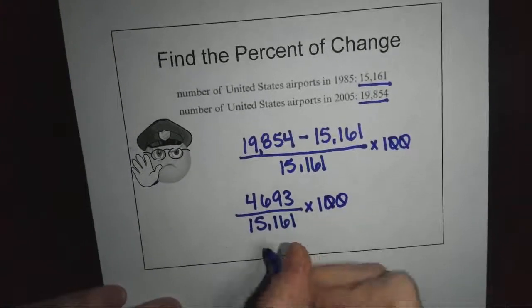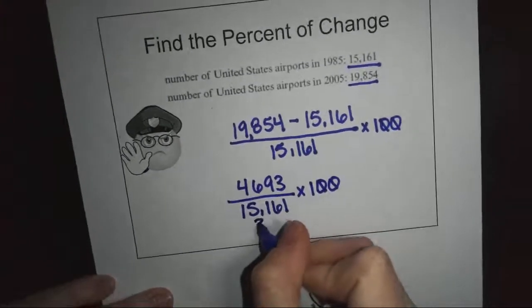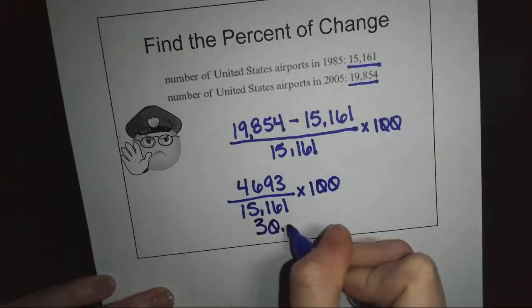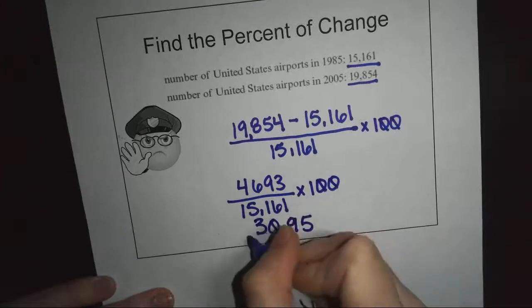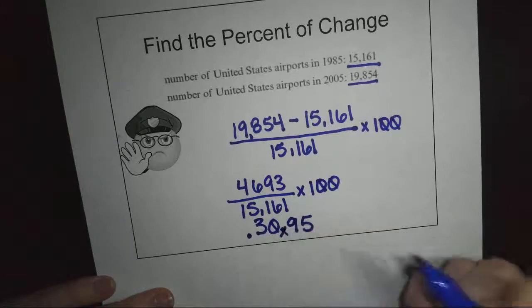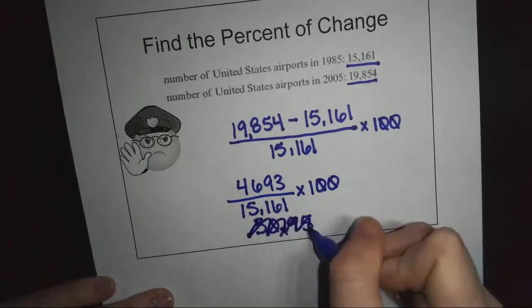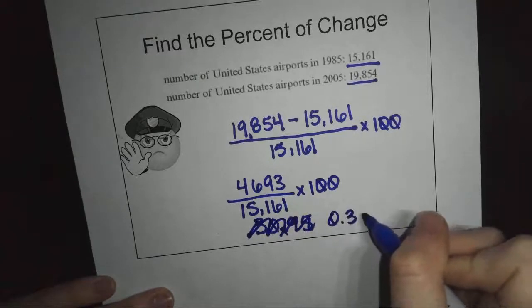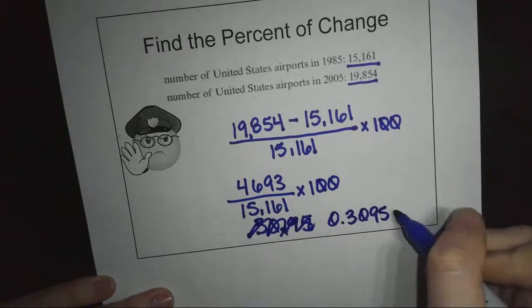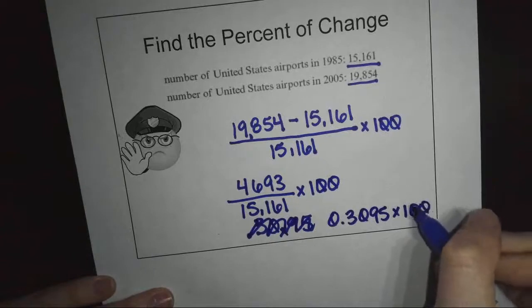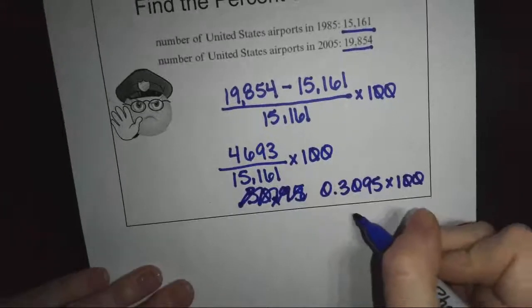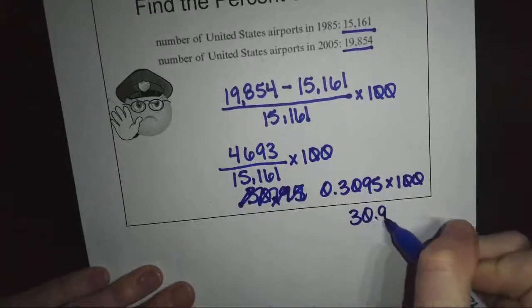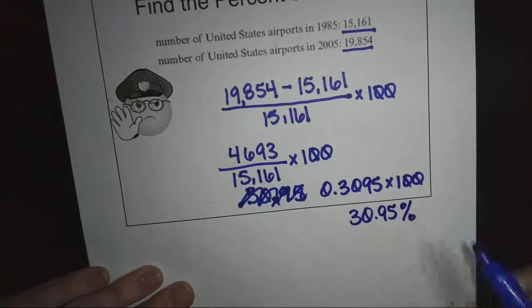When I do that, I get about 0.3095. I'm sorry, I said that wrong at first. So 0.3095. And then I've still got my times 100. I'm thinking ahead, guys. Sorry. And so when I multiply 0.3095 by 100, I get 30.95%.